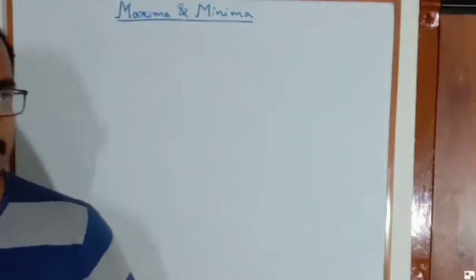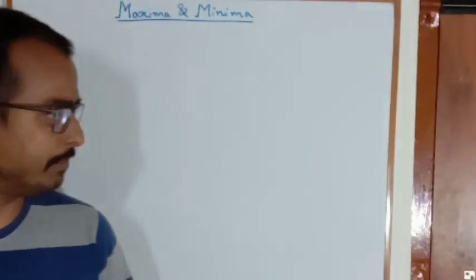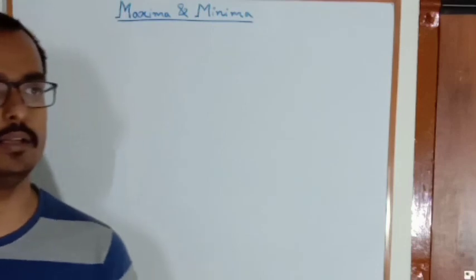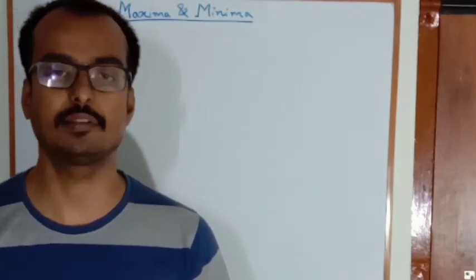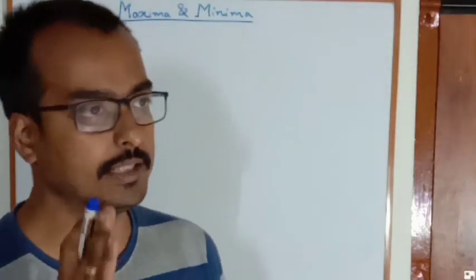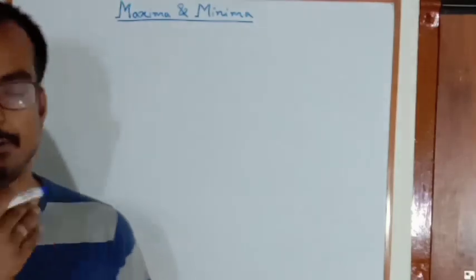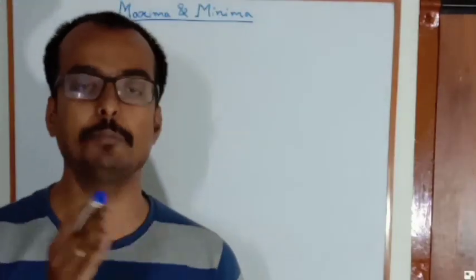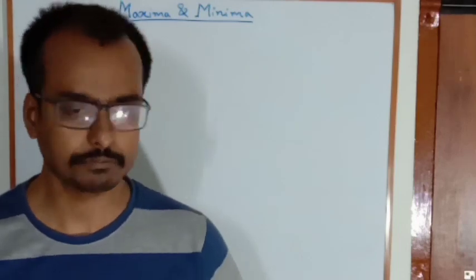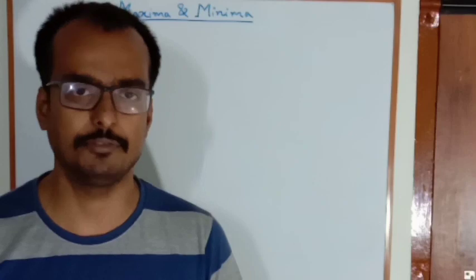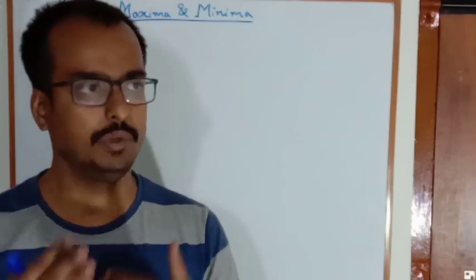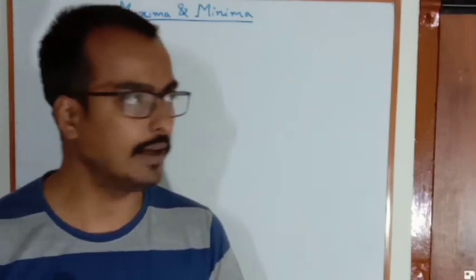In my last video, I explained the situation of the discriminating monopolist, that is a monopoly firm which charges different prices for the same product. So accordingly, your revenue functions are different. We solved that in our last class.